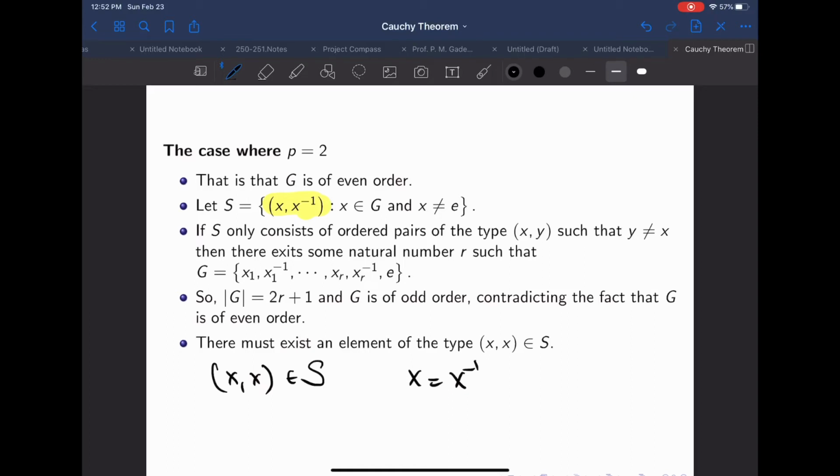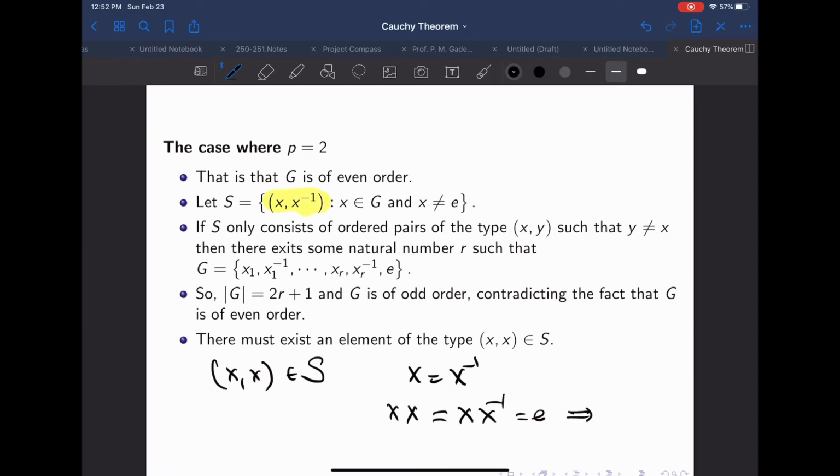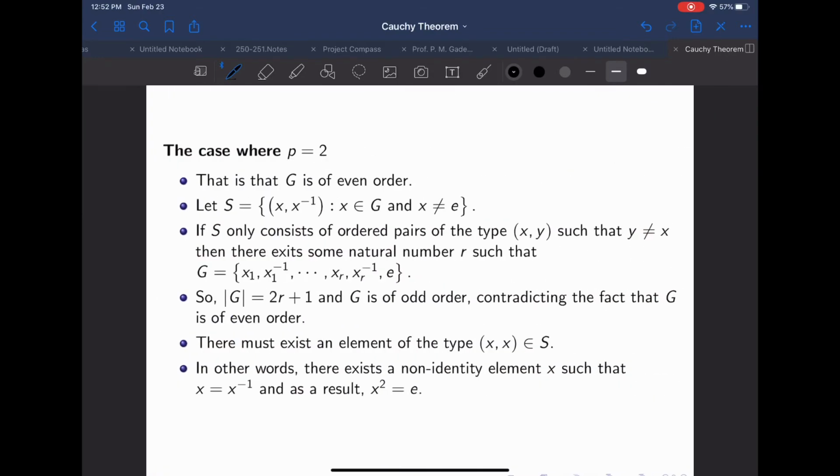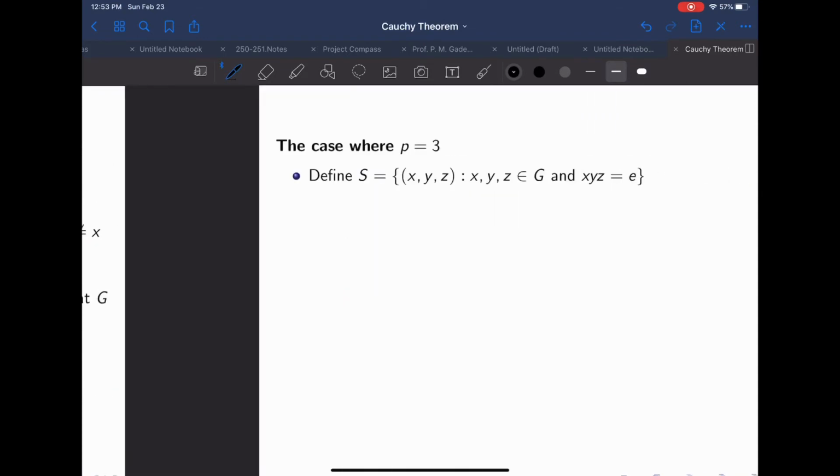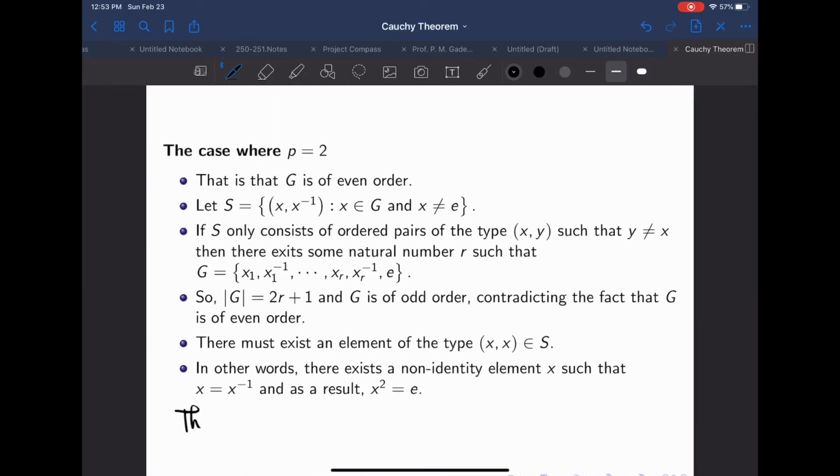When this is the case, if you multiply on the left hand side by x, you get x times x is equal to x times x inverse, which is e. This is essentially equivalent to stating that x squared is e, right? So that tells us that there must exist an element of order 2. In other words, the order of x here is 2, confirming Cauchy's theorem. So we have just proved Cauchy's theorem under the assumption that P is the smallest prime number.